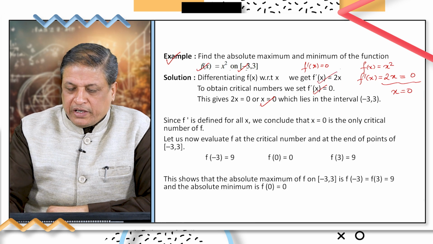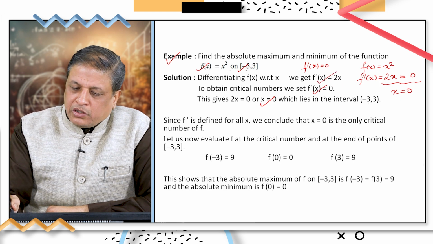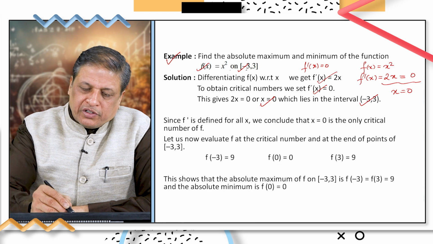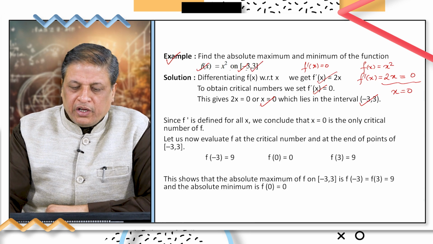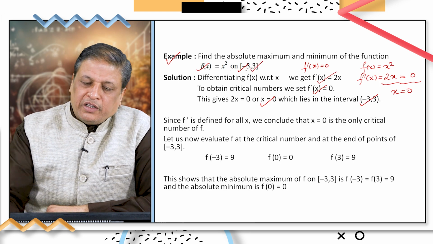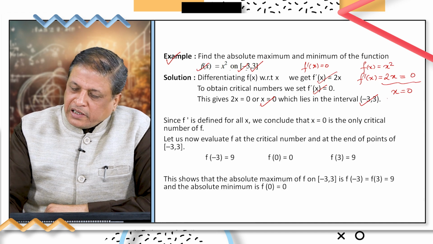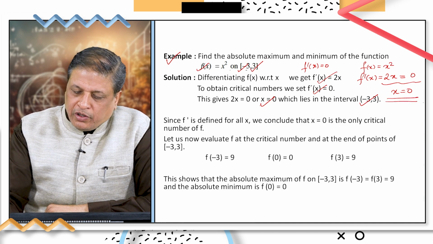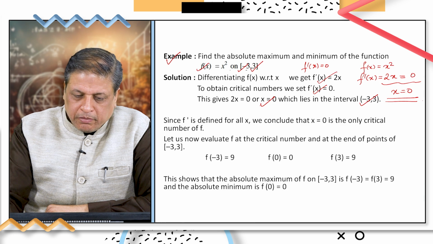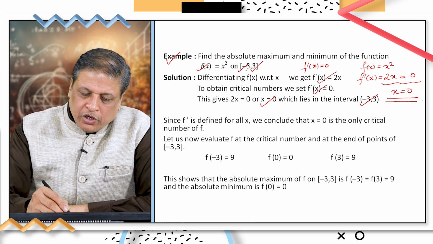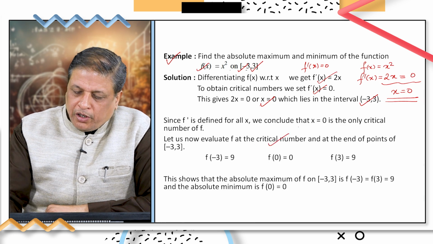So, when x is equal to 0, f dash x, which is 2x, will be equal to 0. And x equal to 0 lies in the interval -3 to 3, which is given to us. In this interval, we are supposed to find the absolute maximum and absolute minimum. Because x equal to 0 lies in the interval, let us find the value of maximum and minimum in this interval.